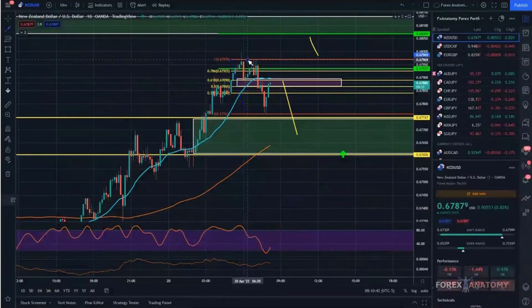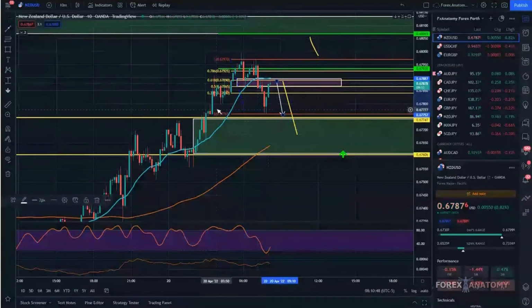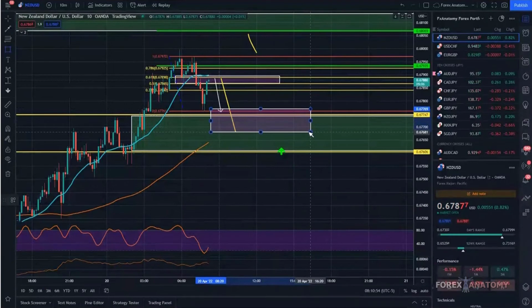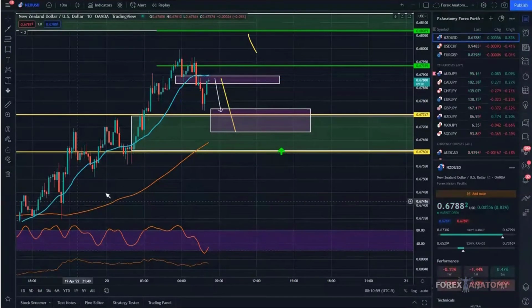I'm just going to identify that price reversal zone, and yeah, right around here. So that's where I would like to see price go and retest this zone again.